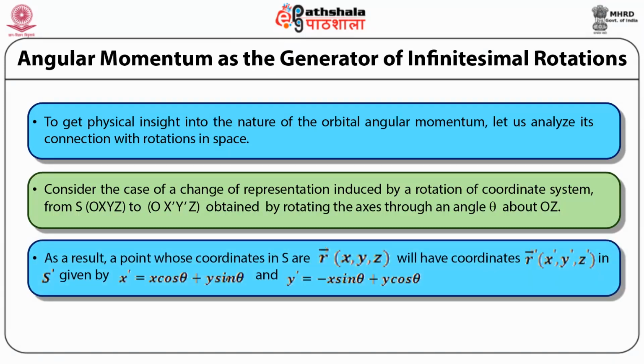As a result, a point whose coordinates in S are given by position vector r of x, y, z will have coordinates r prime of x', y', z' in S prime, where x' is given by x cos theta + y sin theta, y' is equal to -x sin theta + y cos theta, and z' is equal to z.